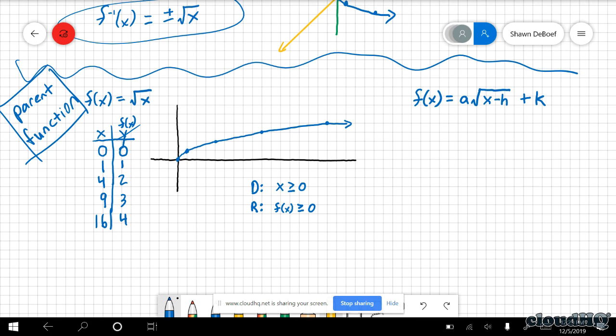So understanding that, let's try to graph some square roots that are maybe a little bit more complex than the parent function.